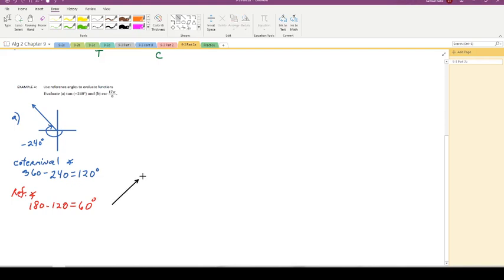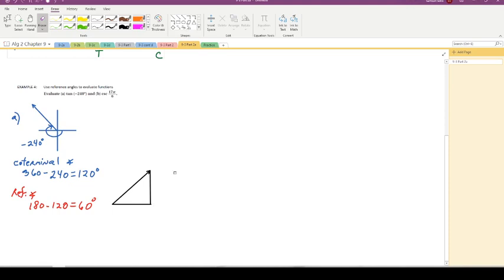The easiest way of doing that is draw this, and then draw another one, and I'm going to draw a line like this. Then I'm going to draw another line going straight down like that.